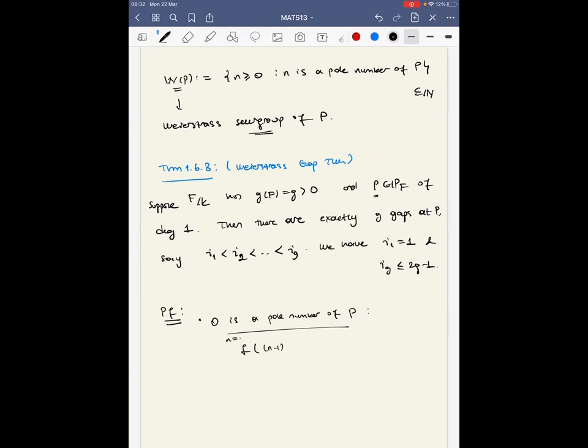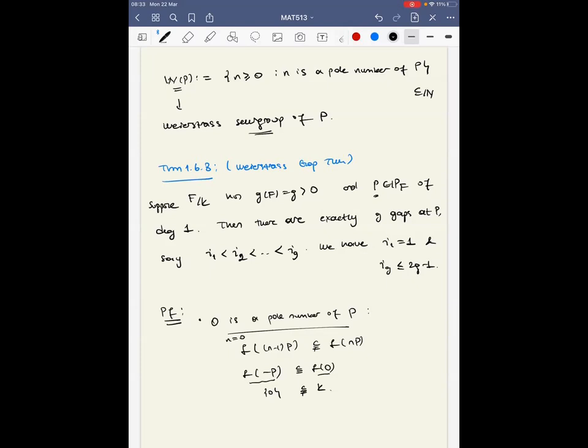For n equal to 0, we want to see that the space of minus P properly lies in the space of the zero divisor. Indeed, this is true because it has negative degree, so this is a trivial space, and the trivial space always properly lies in the base field K.